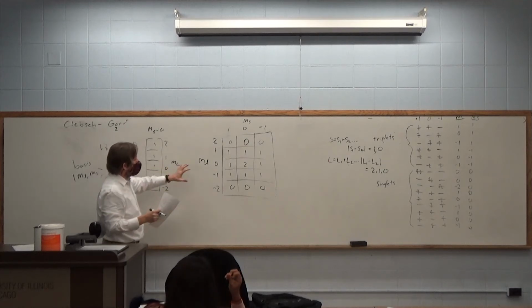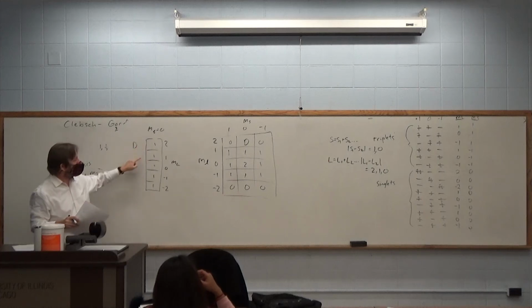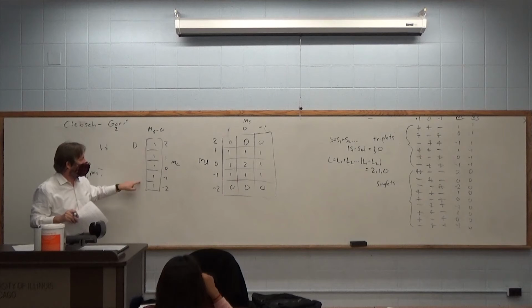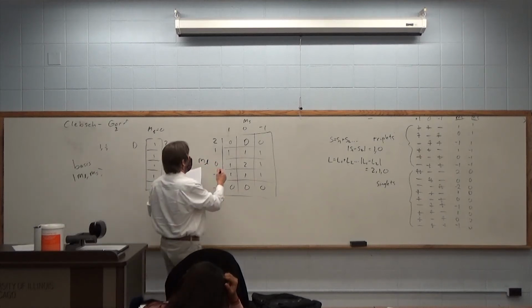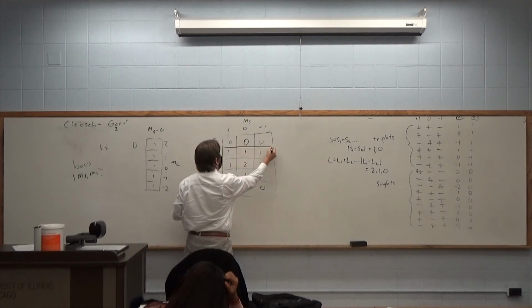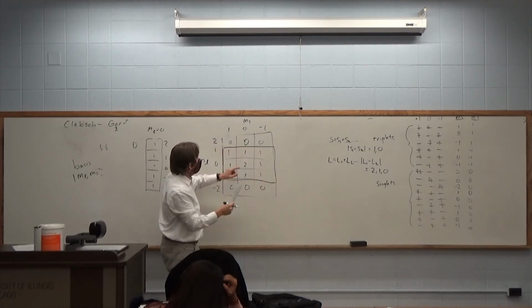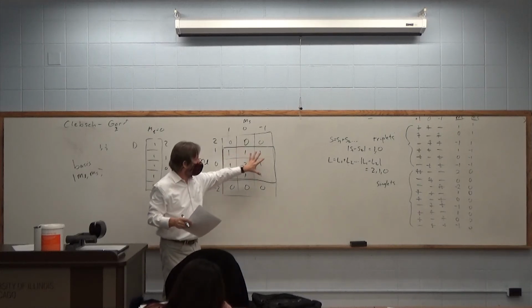In other words, I've taken a box out of the center and put it over here. It's got to be a D state because there's 5 M sub L's. Only a D state can have 5 M sub L states. And it looks like I got a P state. See in here, look at this. You see why I have a P state? Because I've got M sub L's of 3. So therefore there's P states in here.